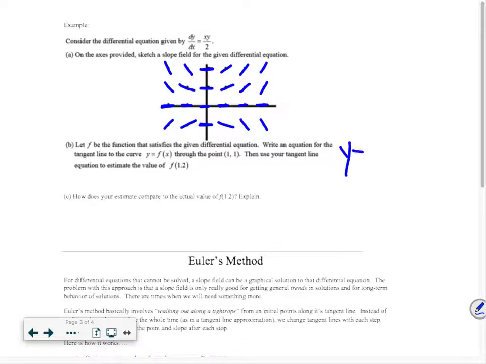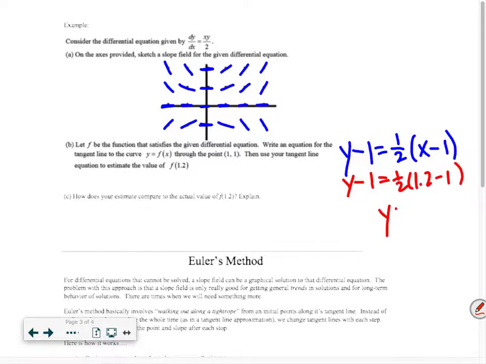So our tangent line equation would be this. Remember, tangent lines do help us approximate. All right. So if we approximate f of 1.2, that means we're plugging in 1.2 for x. What do we get?